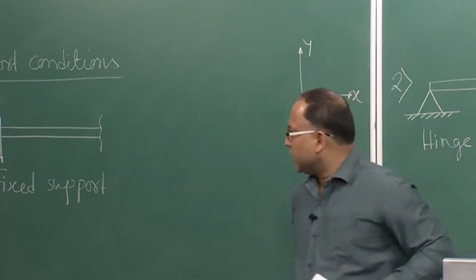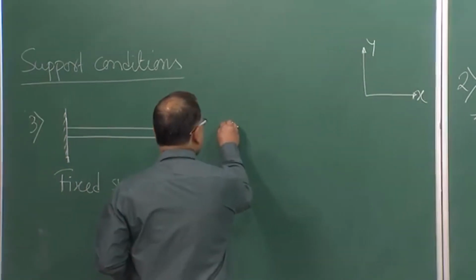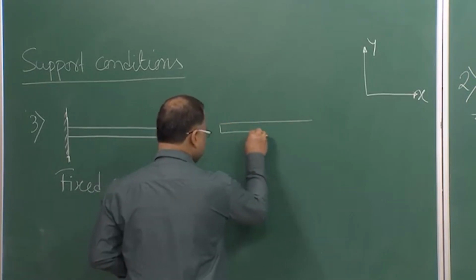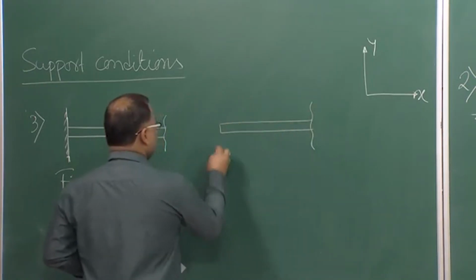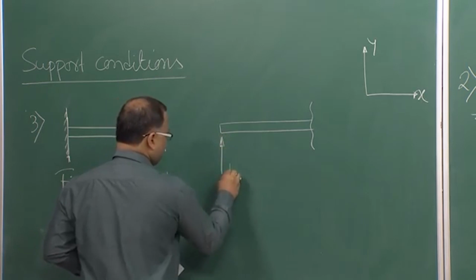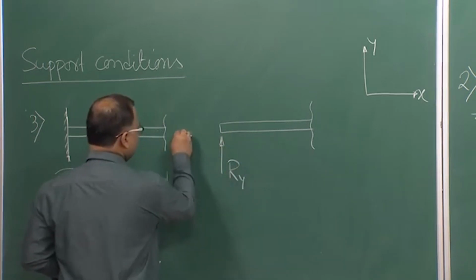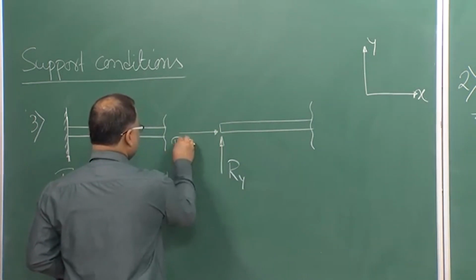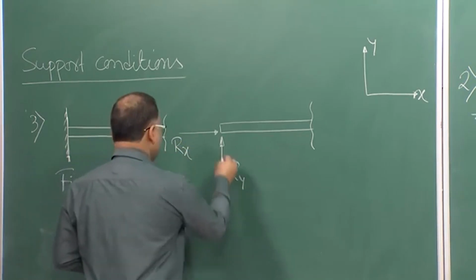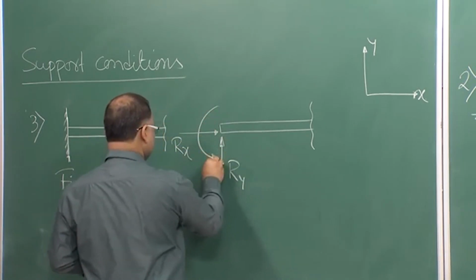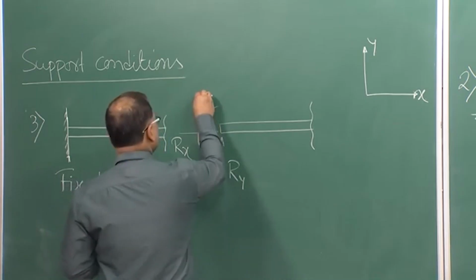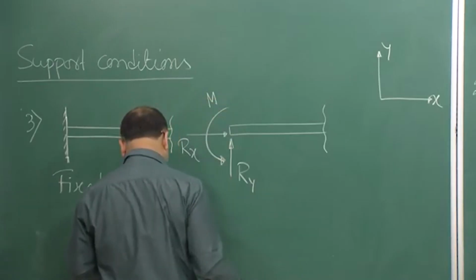Okay. So, if I want to draw the free body diagram as per our discussion, I will get a vertical reaction, a horizontal reaction, and a moment reaction.